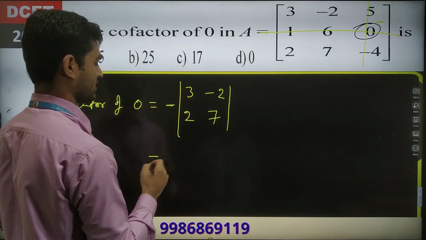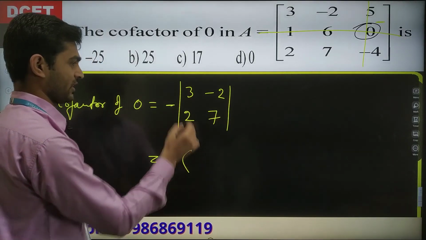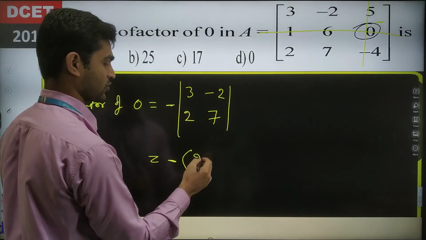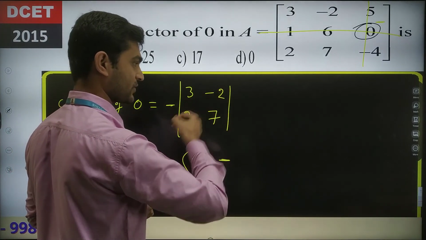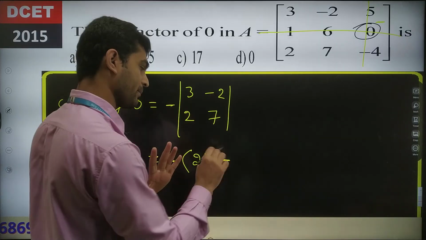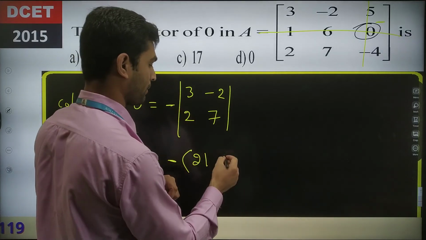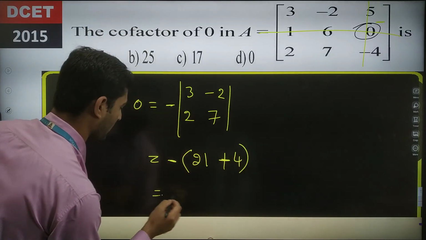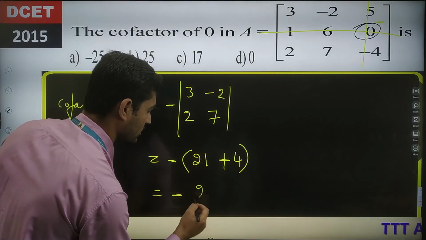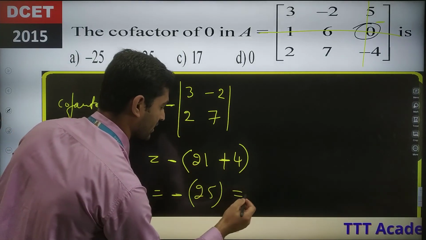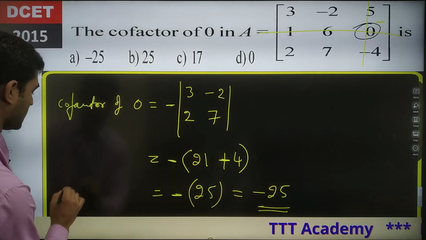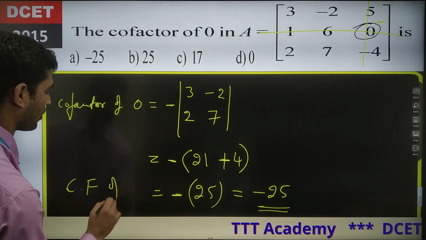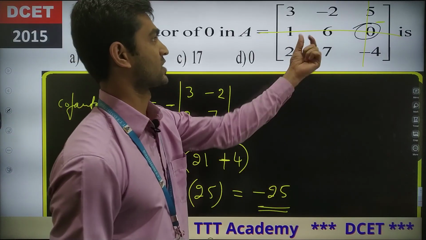Then your answer will be minus, keep it same. 3 into 7, that is 21, minus 2 into minus 2, that will be minus 4. Already there is a minus, so minus of minus is plus 4. Then minus 21 plus 4 is 25. So nothing but minus 25 is the cofactor of 0. See, cofactor of 0 is minus 25.